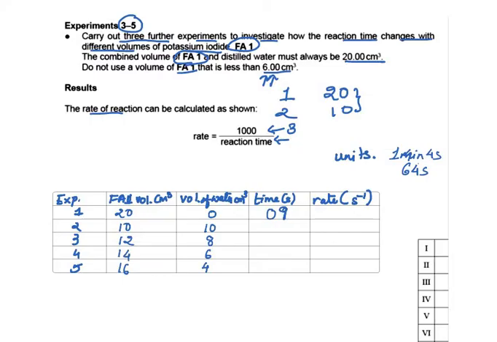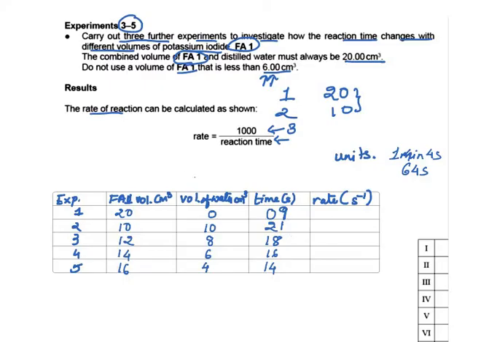So this is how you're going to convert it into seconds if you get the answer in minutes. But here we are getting it in seconds itself directly. So I'm writing 9 seconds. Then it was 21 seconds for me. The next reading was 18 seconds. Next was 16 and then 14 seconds. These are the timings which I had measured during the performance of the experiment.